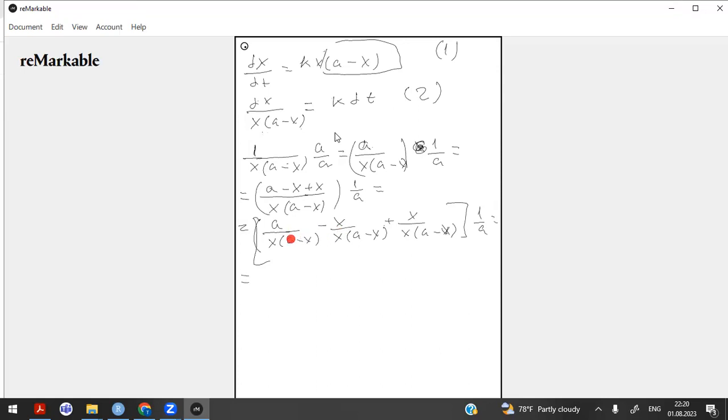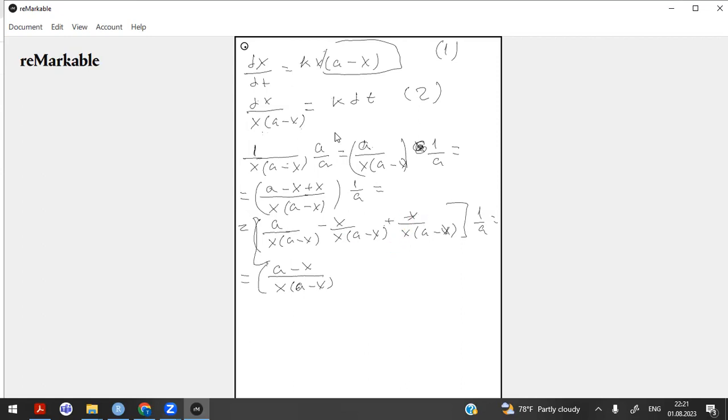Next step, we can put this together with the common denominator x(a - x).